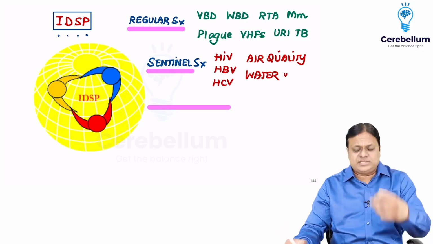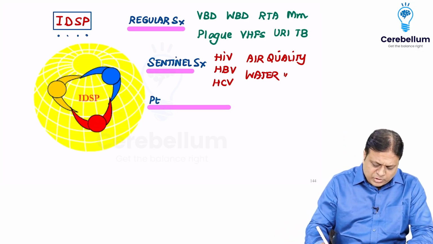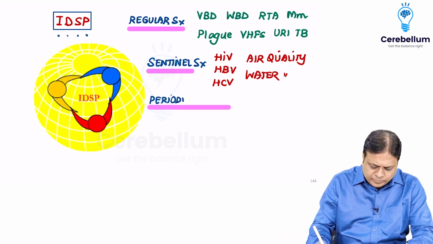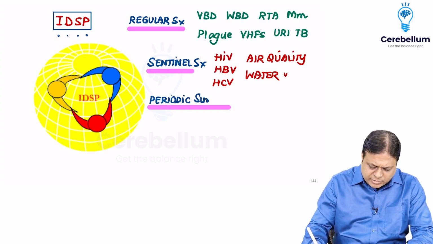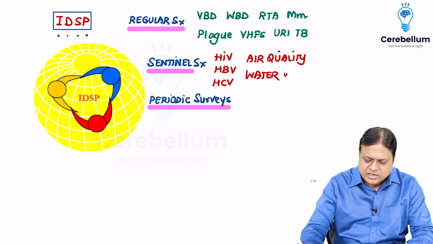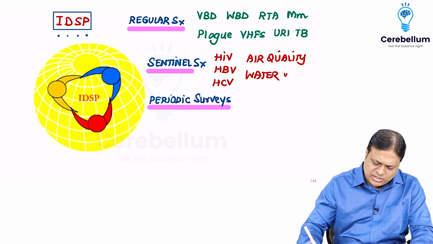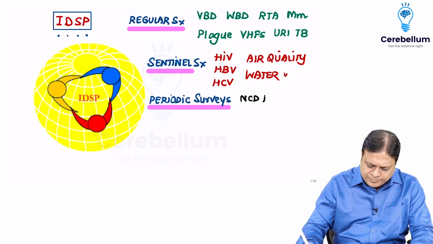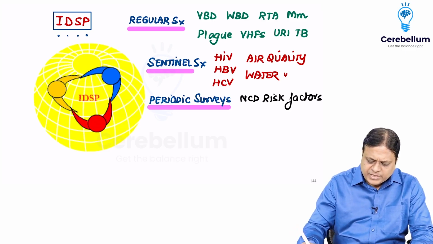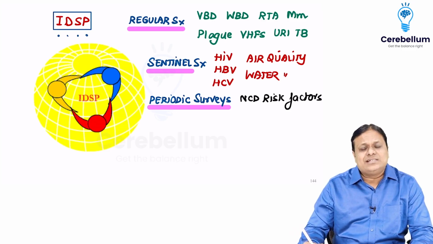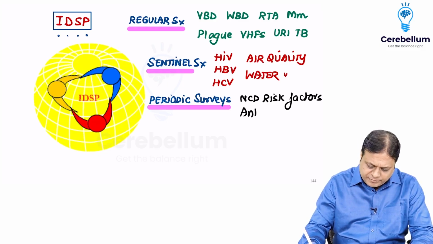Third type of surveillance in this program is periodic surveys. These periodic surveys are undertaken for 2 parameters. One is non-communicable disease risk factors, and second is anthropometry.